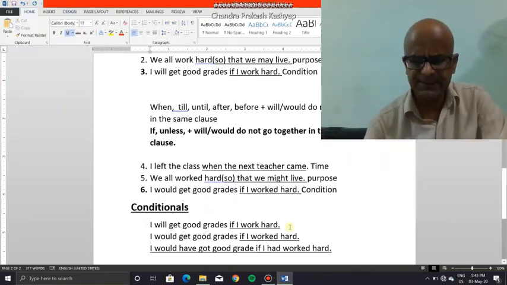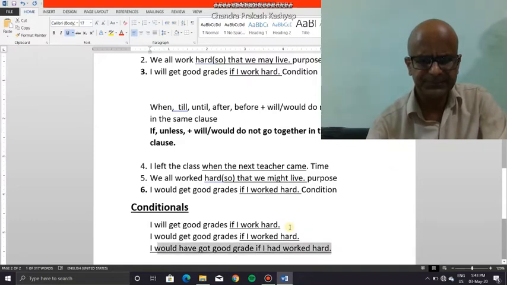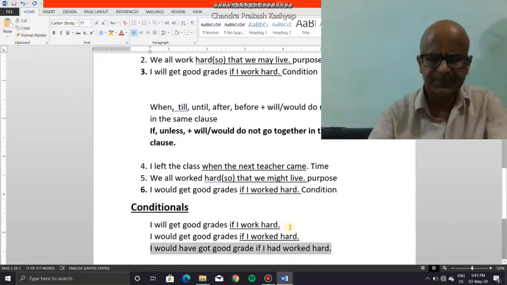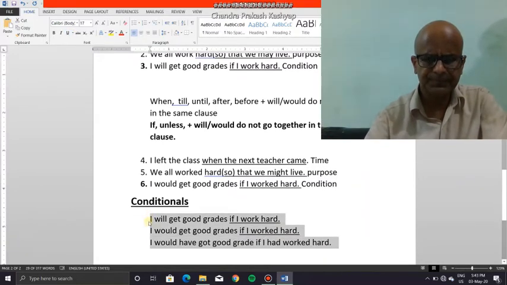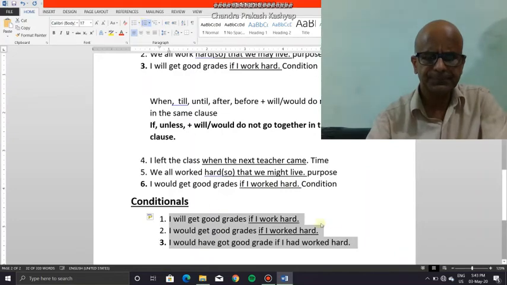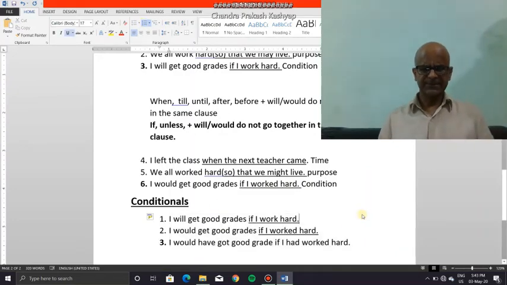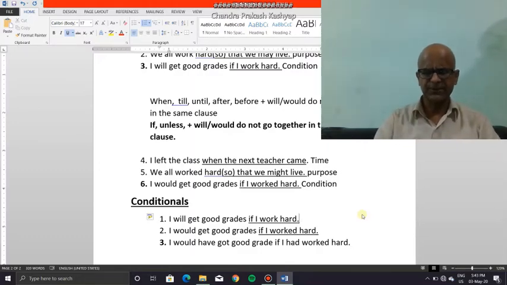Now let's analyze these three sentences. Let's number them first. The first sentence reads, I will get good grades if I work hard. Second, I would get good grades if I worked hard.